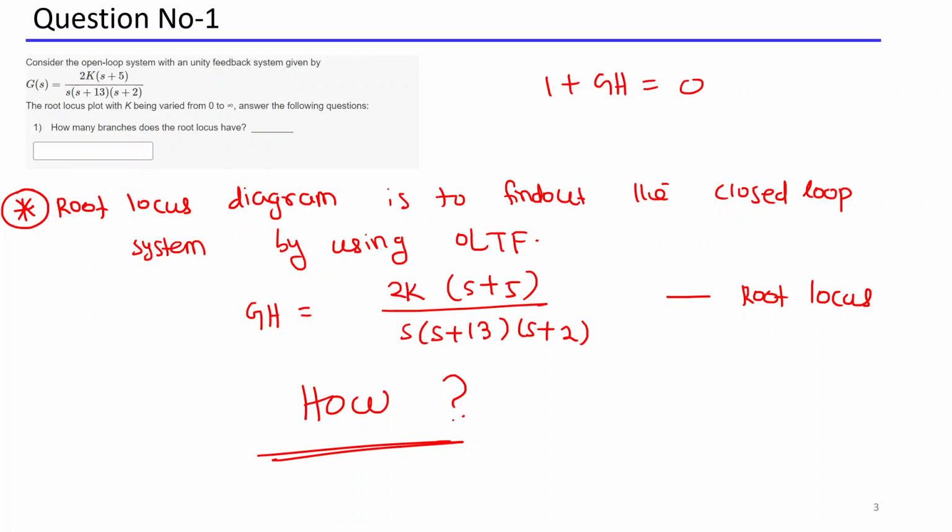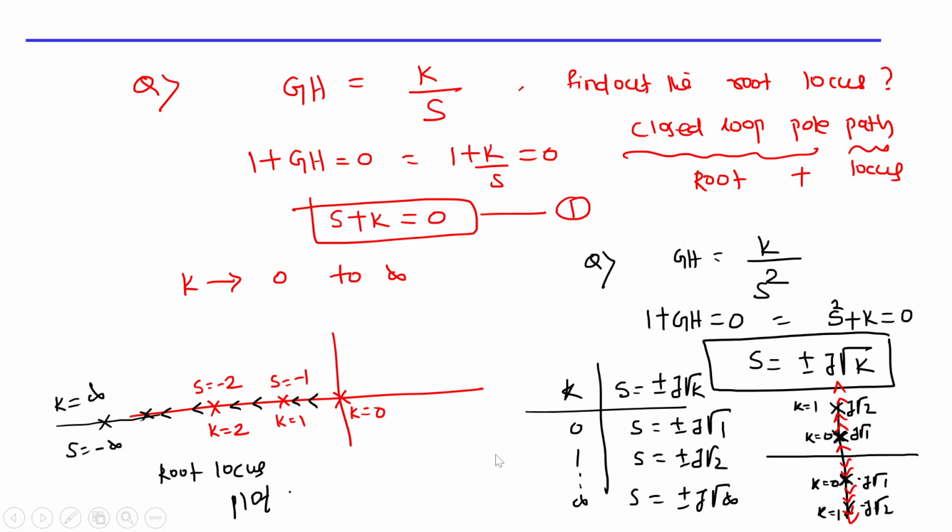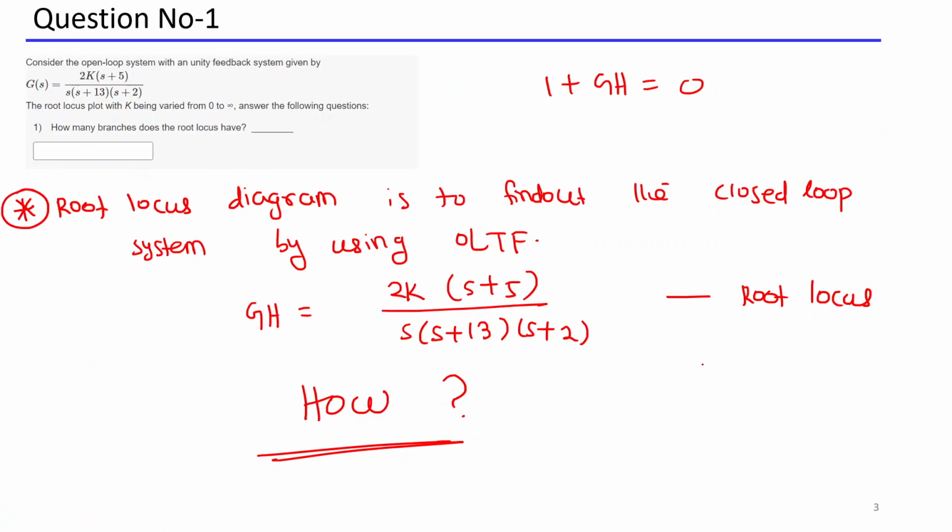So how to do that? You have to convert your closed loop transfer function into an open loop system. Okay. Then you have to observe that. To do that, let me give an example. Let's say my open loop transfer function is like that: K into some numerator, some denominator.